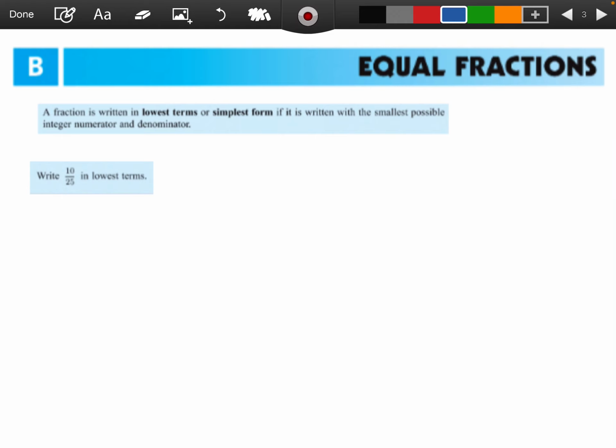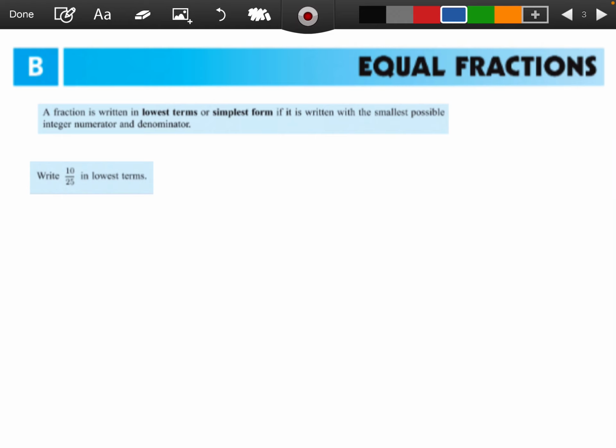That is the best way to leave an answer. Math loves a simple answer, and the simpler you can make it, the more that math loves it. So every time you are working with fractions, you want to write it in lowest terms or simplest form with the smallest possible integer numerator and denominator.